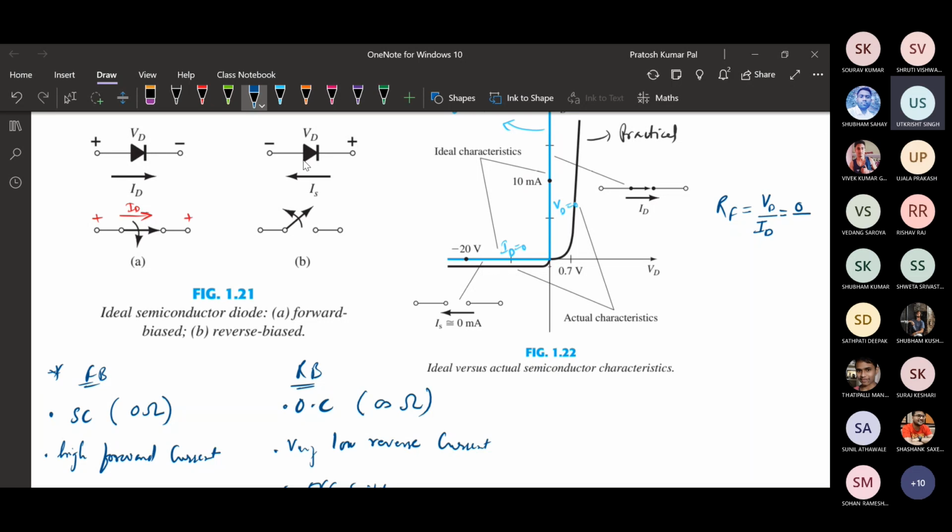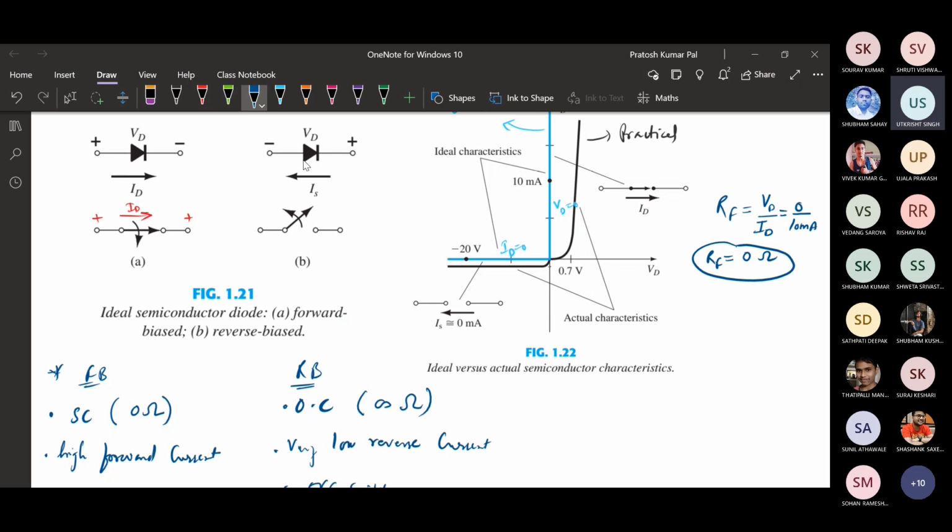That means even if we are increasing the current, it will be flowing only at 0 voltage. So Vd equals 0, and suppose the current is 10 milliampere. So this will be 0 ohm. In the forward case, the resistance will be 0 ohm.